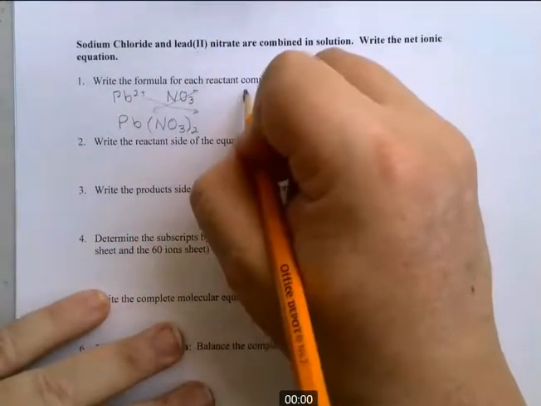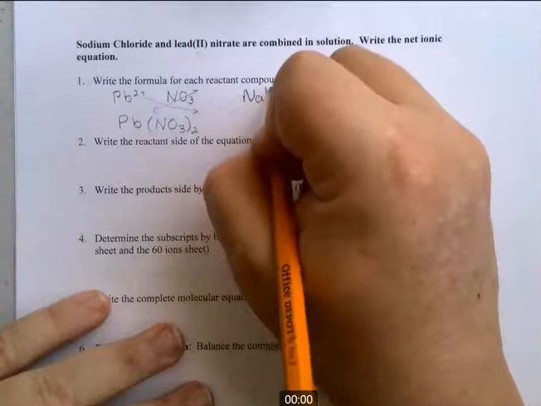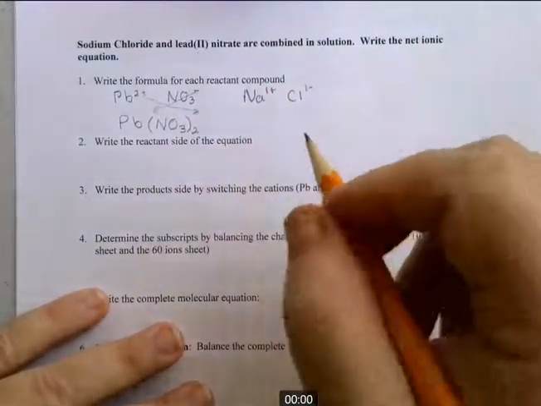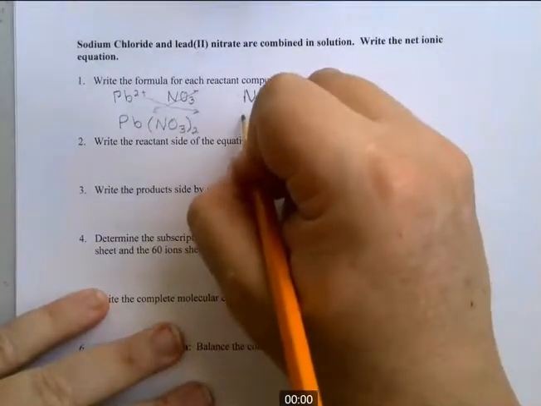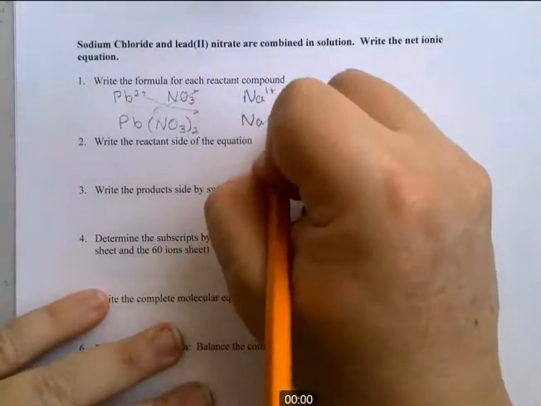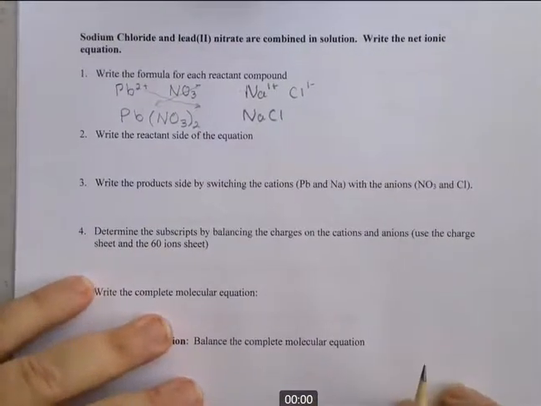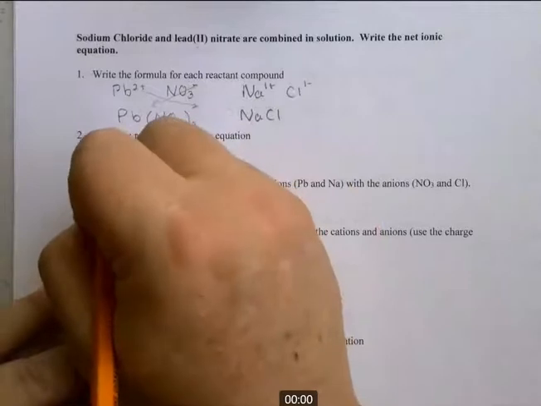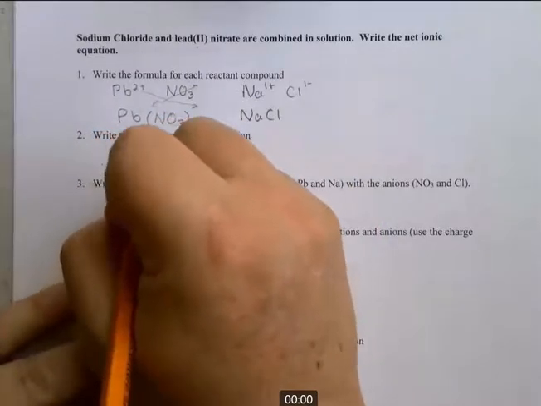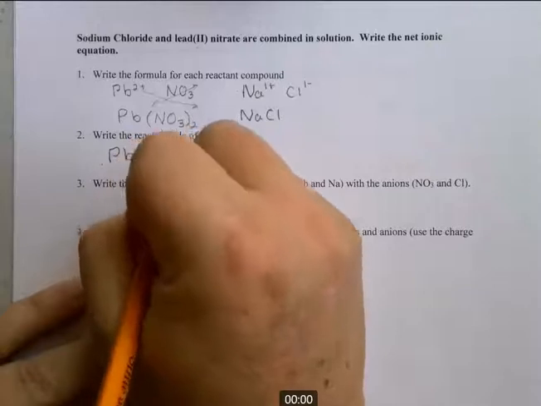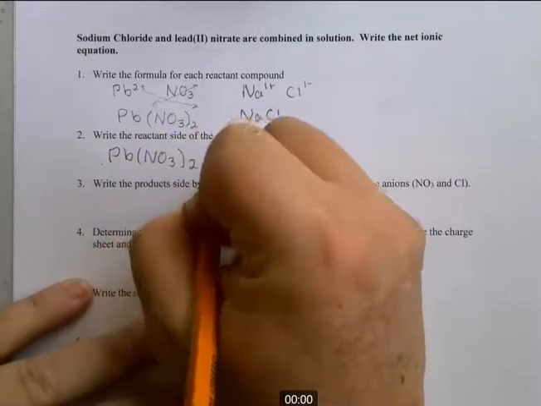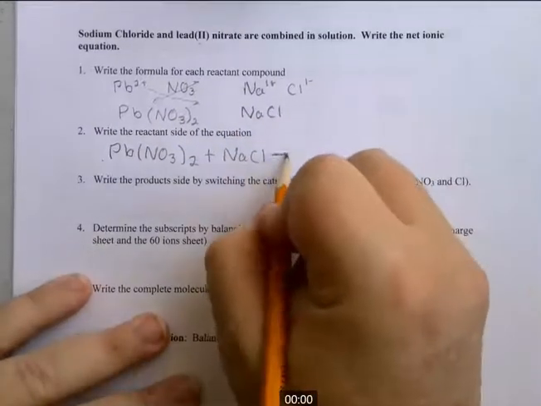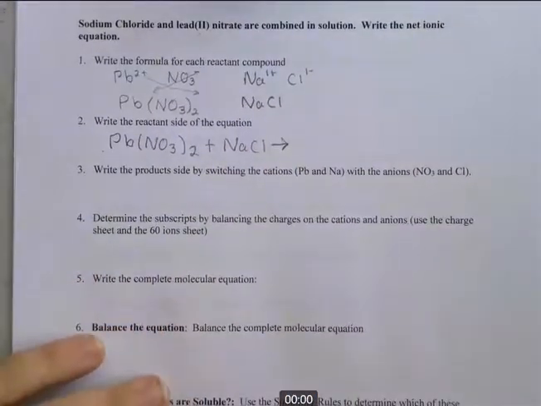That's Na, and that's a 1+, and Cl is a 1-, so those are going to match up 1-to-1 as we know, and that's NaCl. Sodium chloride. Okay, so now we're going to write the reactant side, and we're going to write Pb(NO3)2 plus NaCl, okay, and there it is.